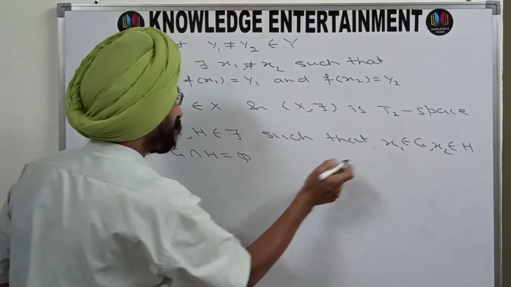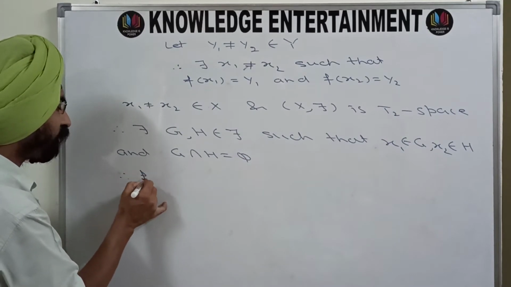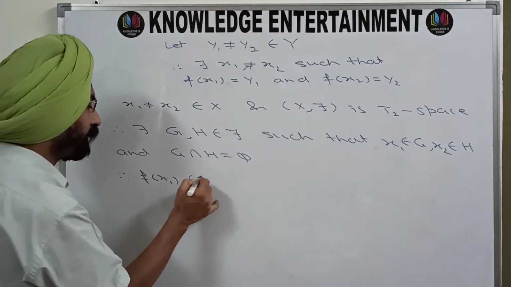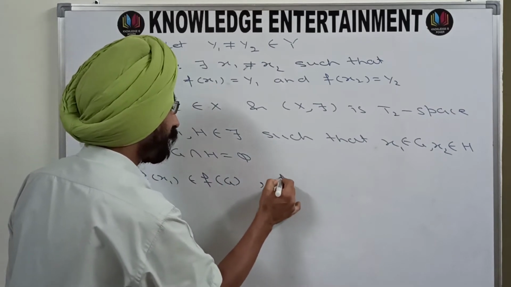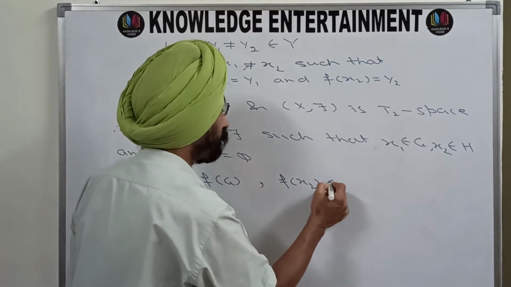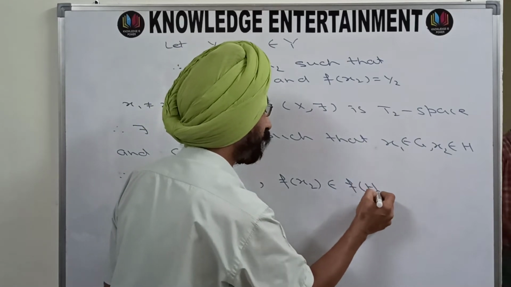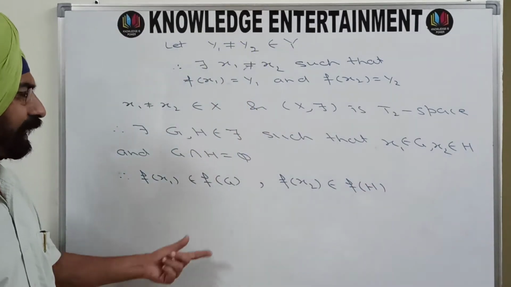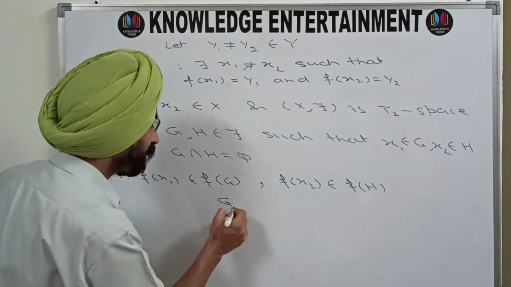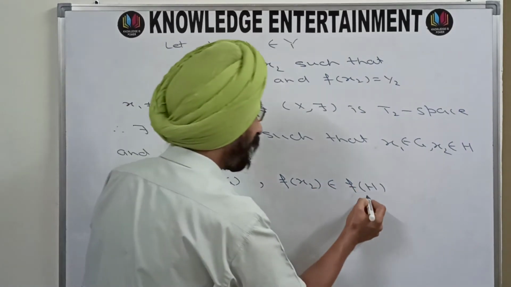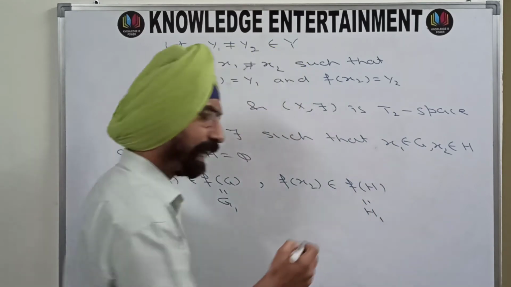Since x1 is in G, therefore f of x1 must be in f of G. And similarly, f of x2 must be a member of f of H. I name this f of G as G1 and I name this f of H as H1.